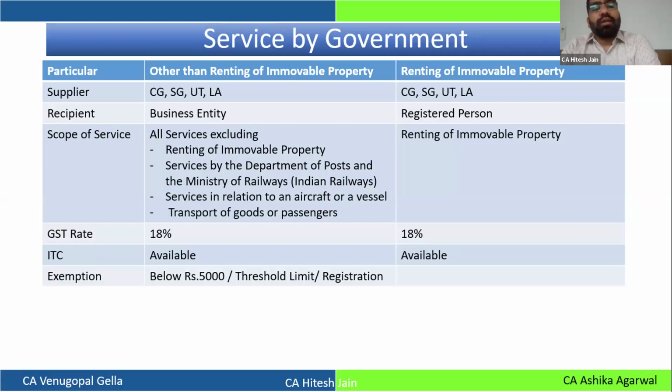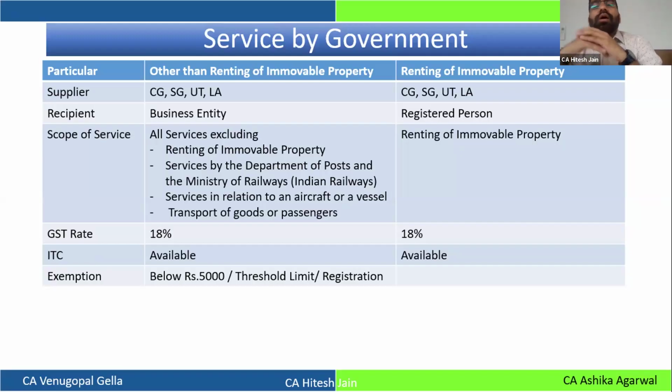In case you are receiving any service in relation to aircraft or vessel or transport of goods or passengers, then also you are not liable to pay any reverse charge on such services, provided such services are received from central government, state government, local authority or the like.